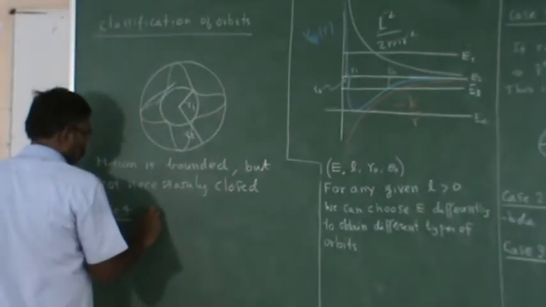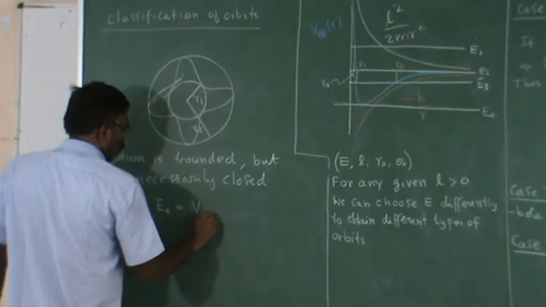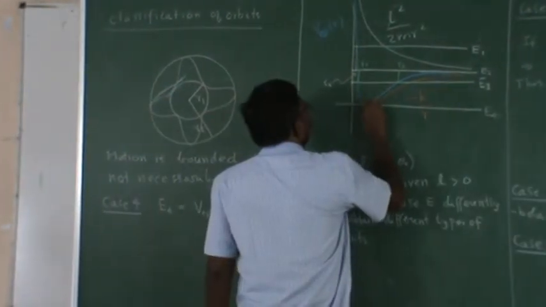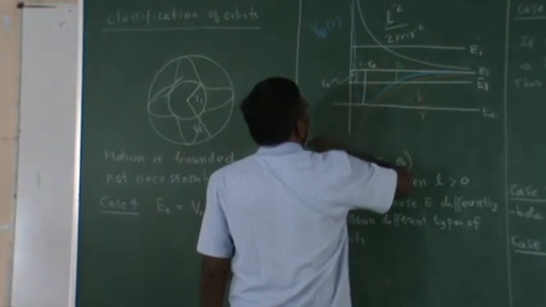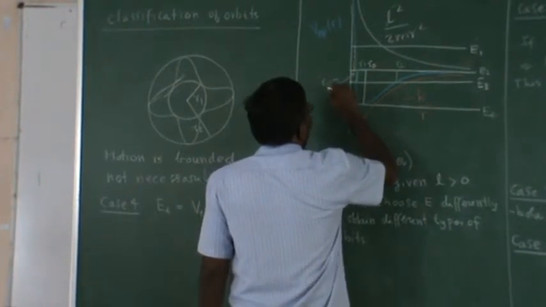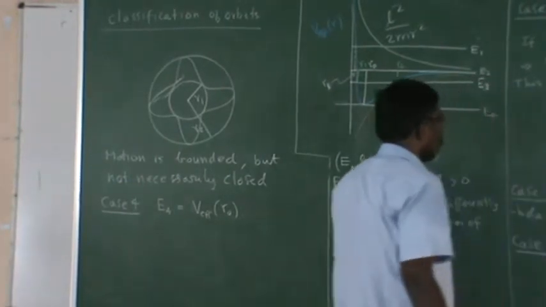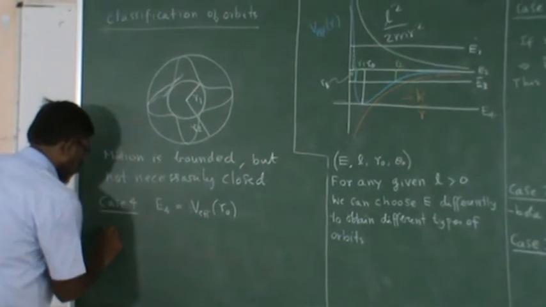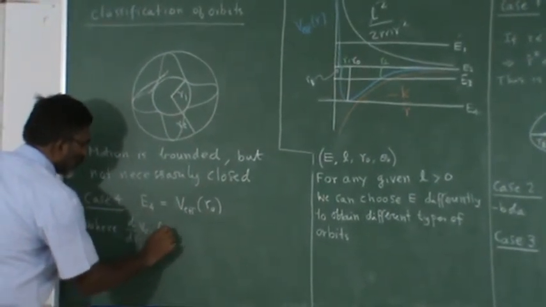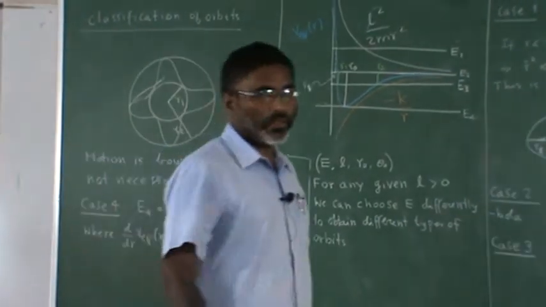So we have E4 equal to V effective of R0, where dV effective by dr evaluated at R equal to R0 defines the minimum of the effective potential.